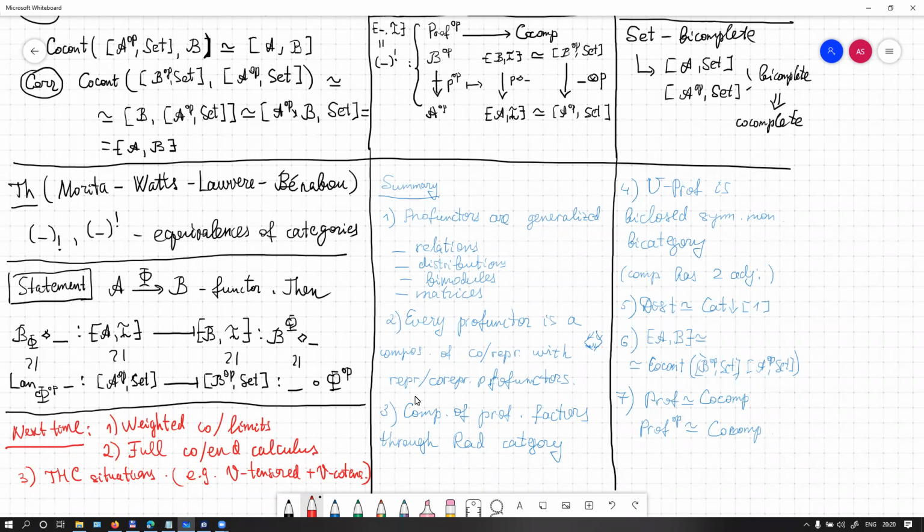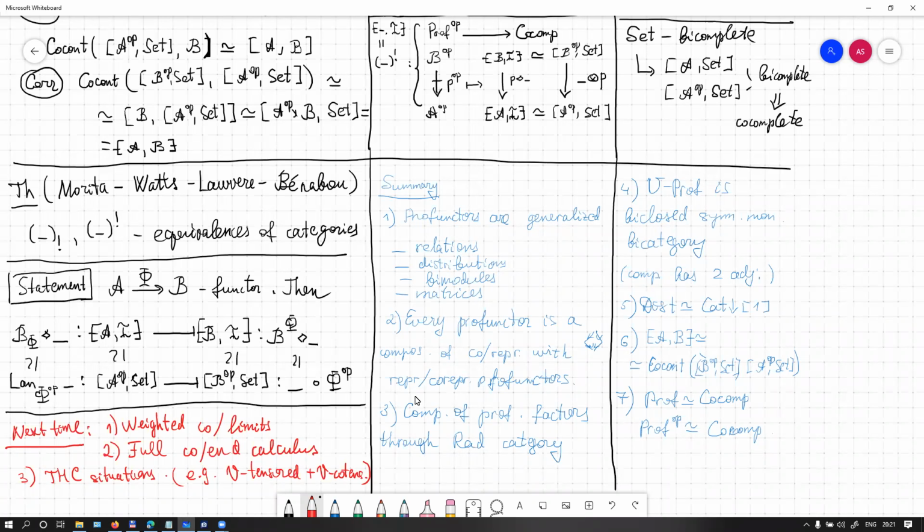What optics is and how to use it is a very different story. Now it is called profunctor optics, so a profunctorial view on it. And there are some similarities and analogs of the theory of Cauchy completions, co-completions, and flat modules with the theory of profunctors and profunctorial completions.